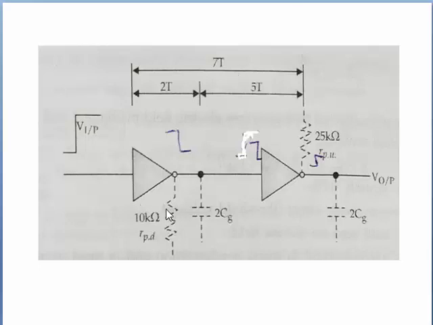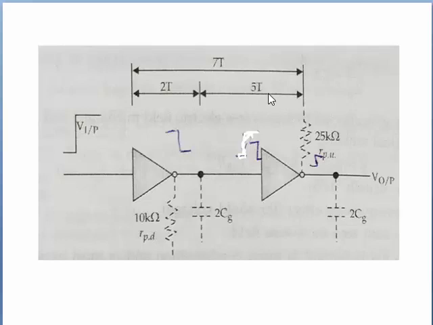In this circuit, which is a CMOS inverter delay circuit, two CMOS inverters are used. When we apply the input from 0 to 1 and the output changes from 1 to 0, it takes 2t time, so the delay is 2t. And when the output changes from 0 to 1, it takes 5t time.